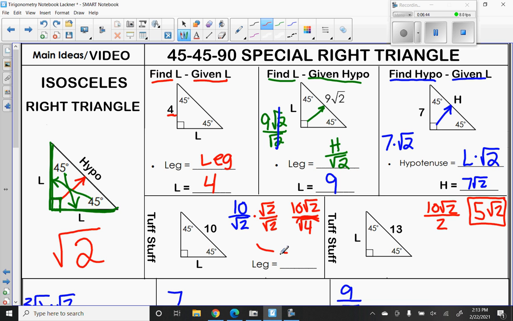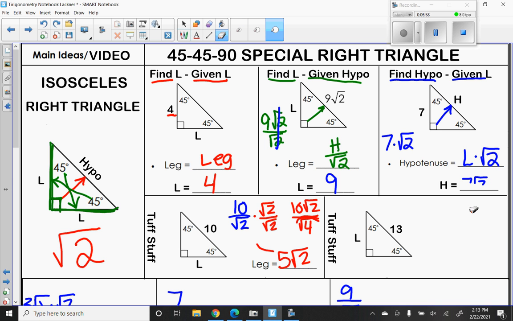So this would be 5 radical 2. And I hope you had enough room to write in that box. But you can pause it and erase and try to fit it all in there, but I need to move on. And I'm going to make room for my next problem.